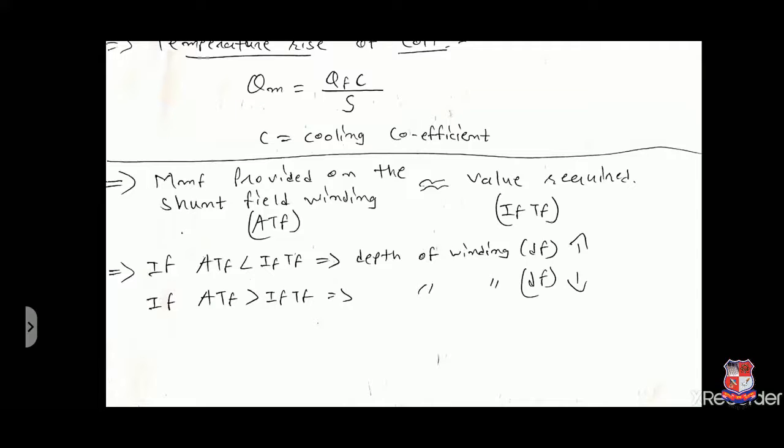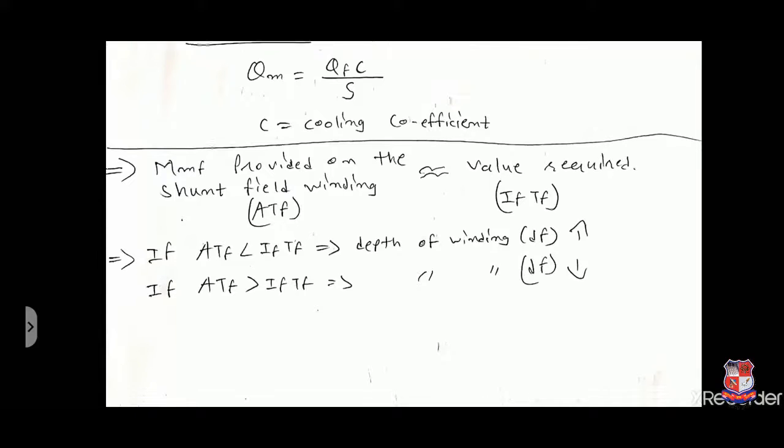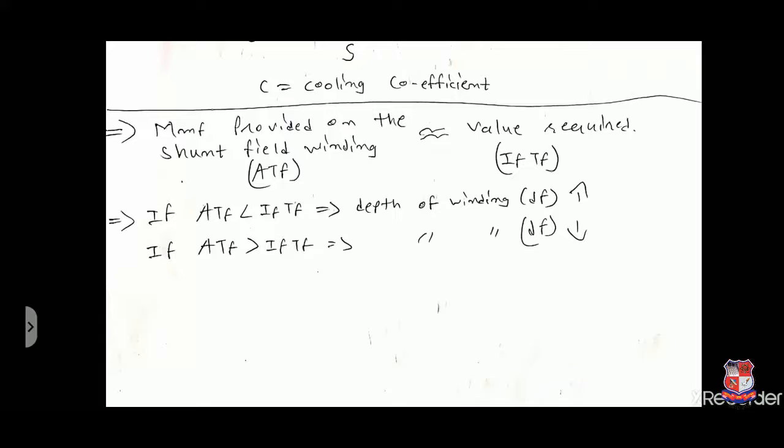So let me summarize this. What we can analyze from this: if the MMF provided for the shunt field winding is less than the product of IF into TF, we need to increase the depth of the winding to increase the ATF, and vice versa, if ATF is greater than the product of IF into TF, so already our MMF is more, so we need to reduce that MMF.